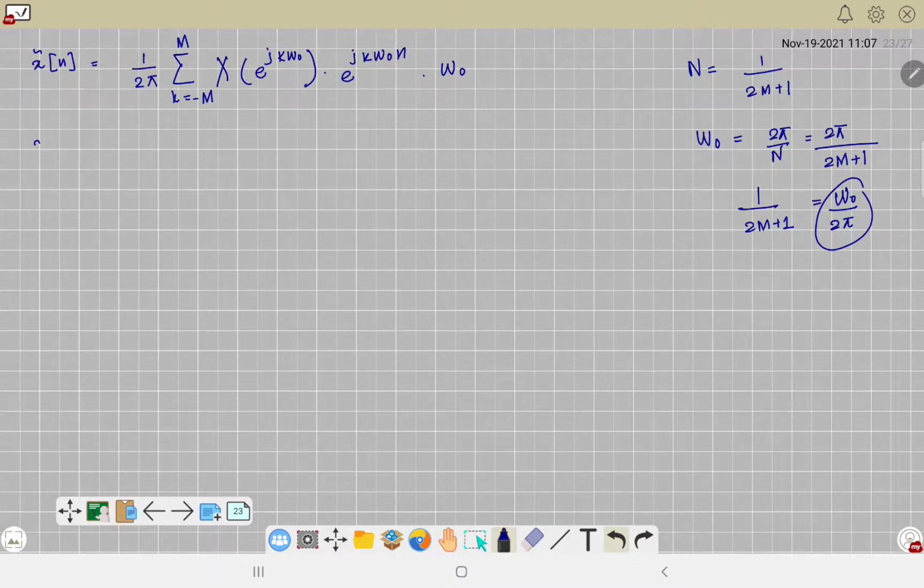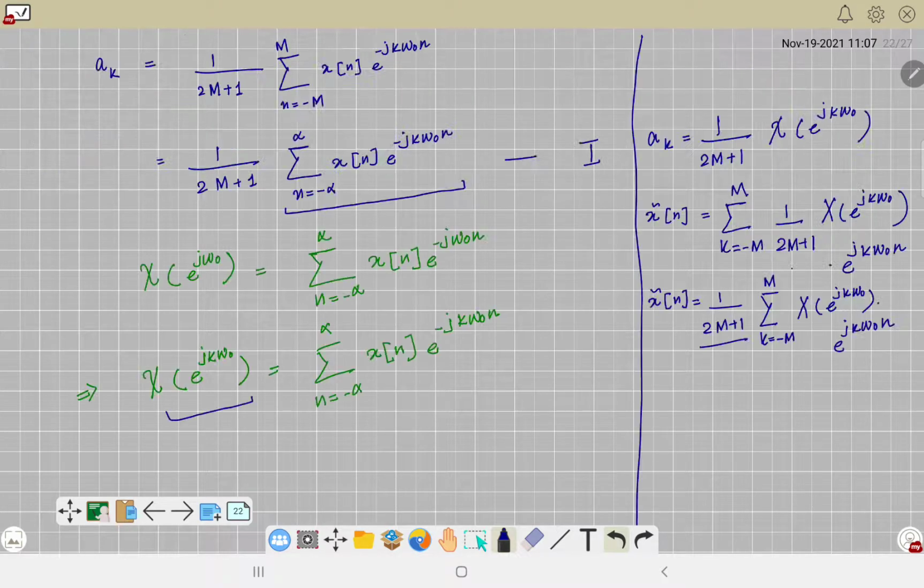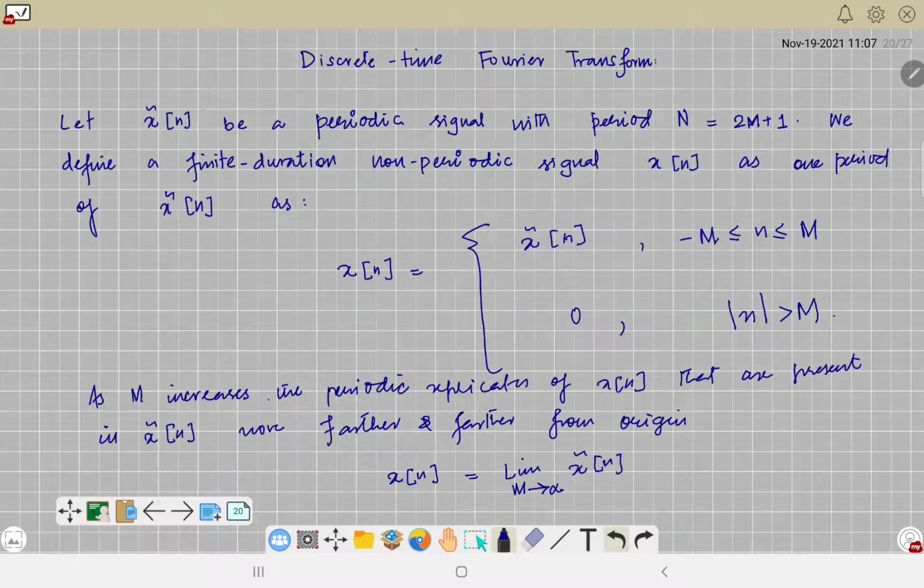Now we can proceed to limits. We can express x of n as a limiting case of this x tilde n as M tends to infinity, which we had previously concluded like this. Right?